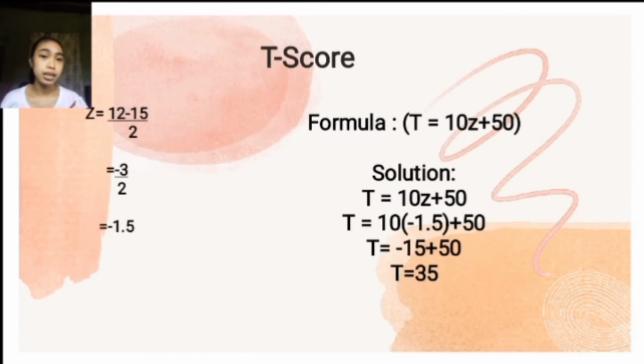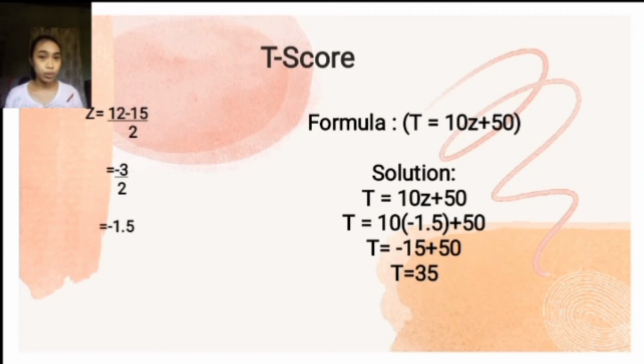Earlier, we got the z-score. So we will use that to get the t-score, using the formula of the t-score. This is the solution. T is equal to 10 multiplied by our z-score, which is negative 1.5, plus our mean, which is 50. So 10 times negative 1.5 is equal to negative 15, plus our mean: negative 15 plus 50 is equal to 35.